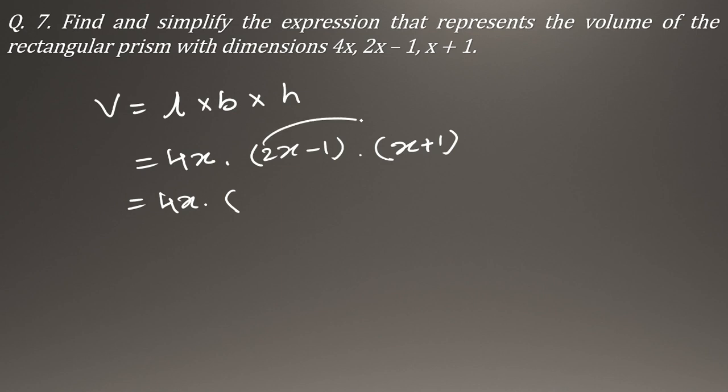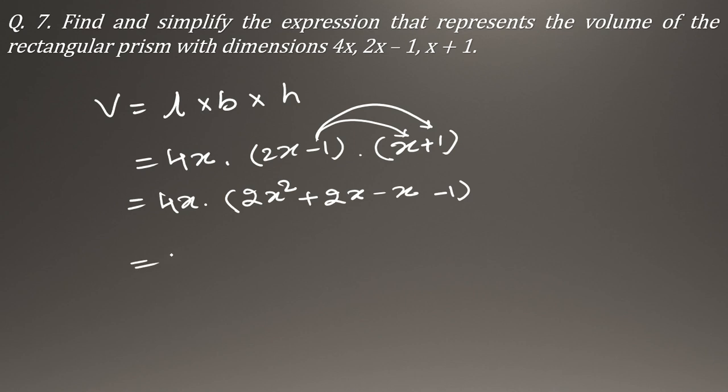2x multiplied by x, so it will be 2x square. Then plus 2x multiplied by plus 1, so it will be plus 2x. Now the first number is finished. Second, minus 1 multiplied by x, so it will be minus x. And minus 1 multiplied by plus 1 will be minus 1.